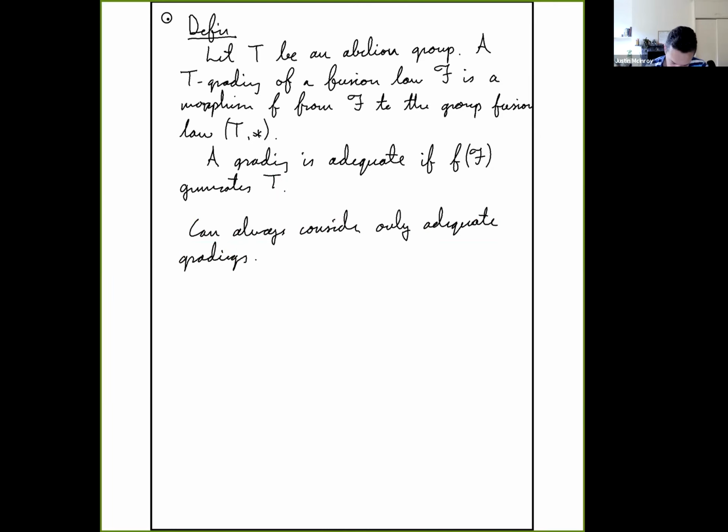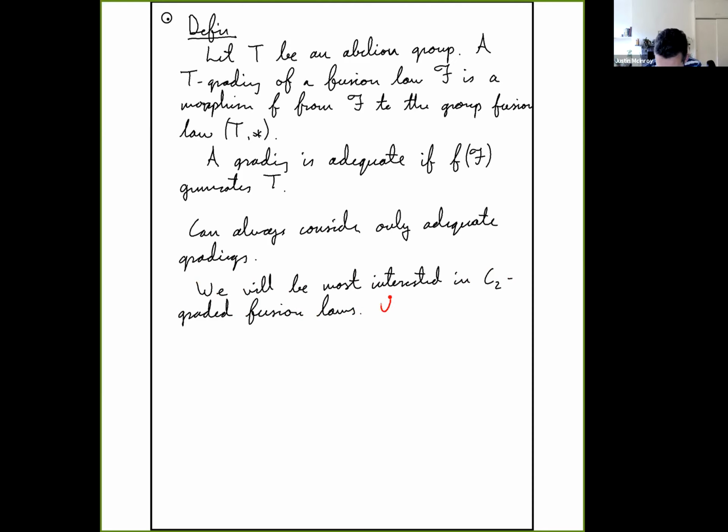Okay, and let me just note, we will be most interested in C2 graded fusion laws. And here I'm going to use the notation that C2 is going to be just the group which contains plus and minus.